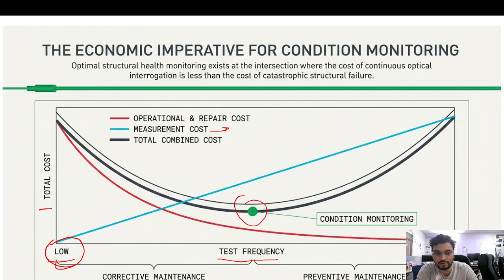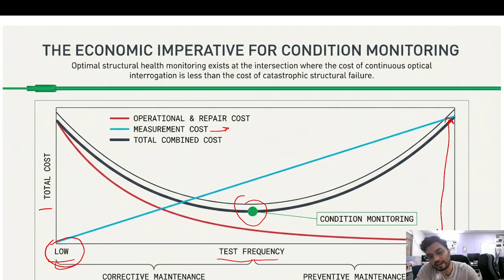But what about the measurement cost? Once we go towards the high frequency test, the instrument which is giving the diagnosis data, the cost will increase, and they will charge more.